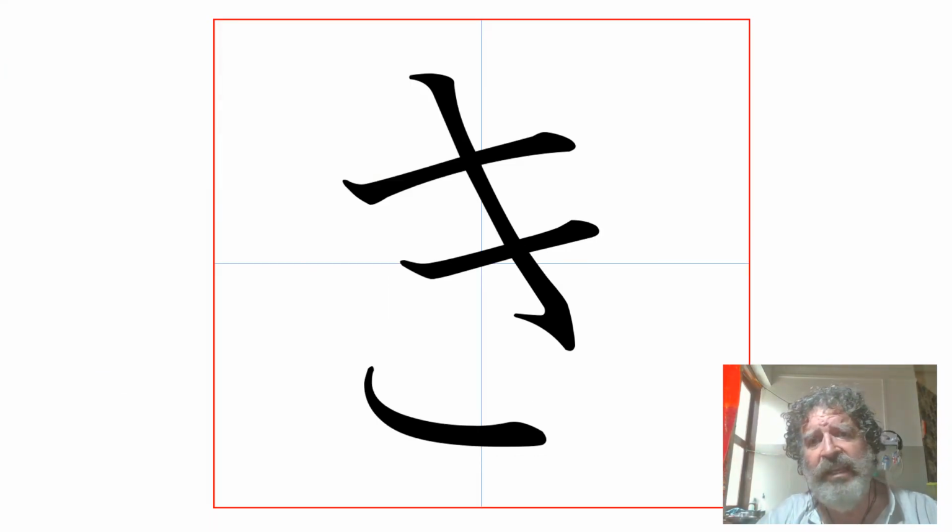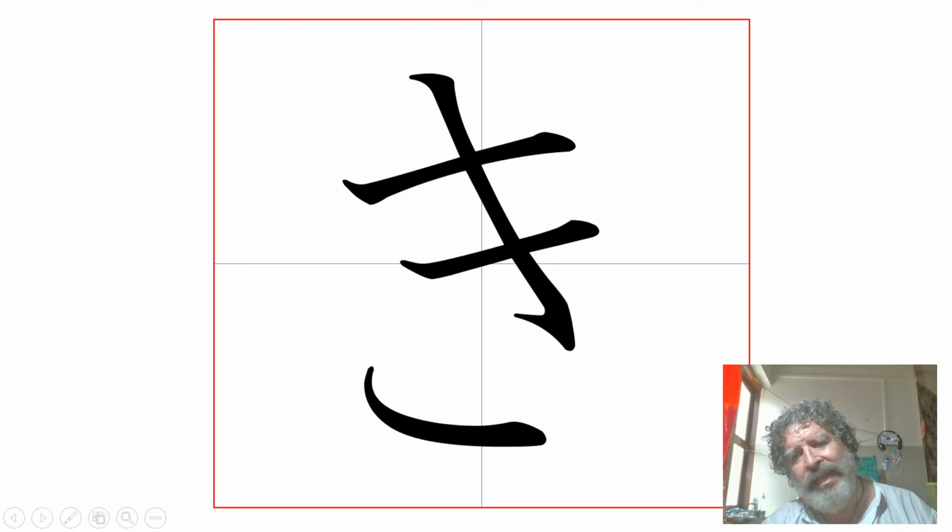Okay, so we have the key here. Notice how the key, also once again, we have 1, 2, and then 3. Now remember the principle of going from the upper left-hand corner down to the lower right-hand corner. But first we start out with here. We go along here and then gradually make our way over here.